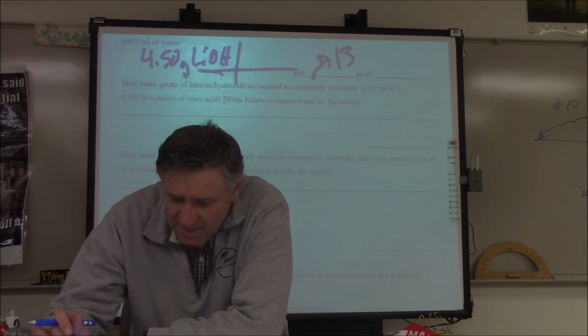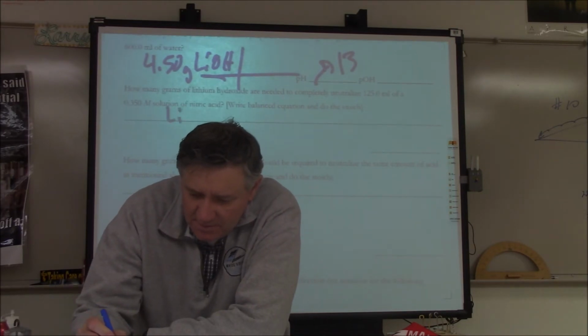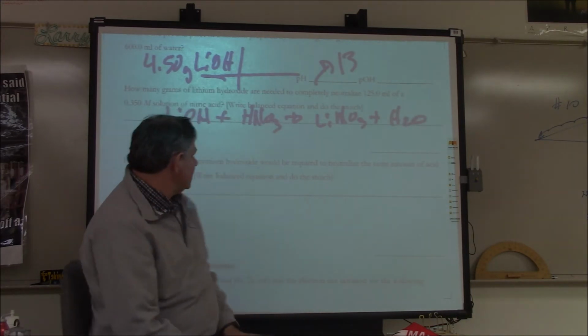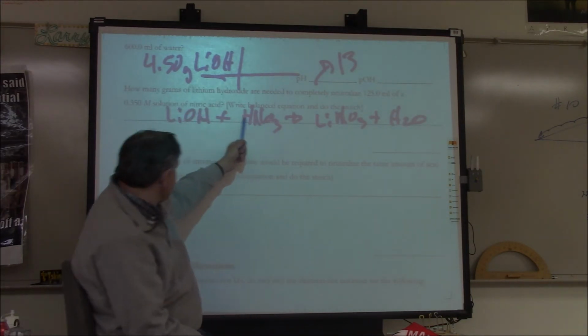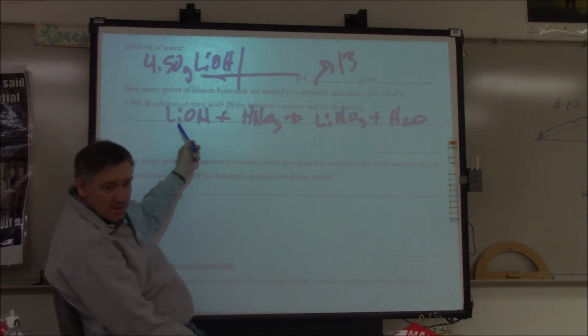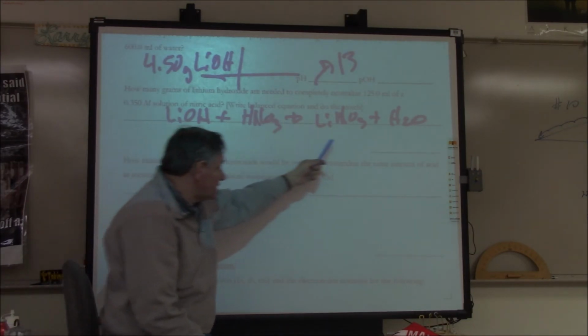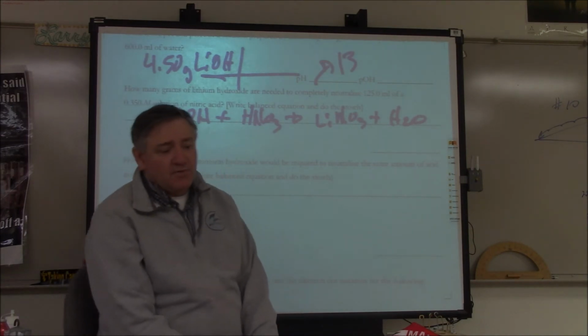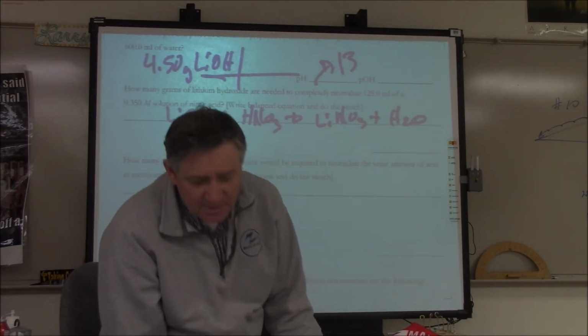On the neutralization, you got lithium hydroxide and nitric acid. And you're going to get lithium nitrate and water. Okay? So anytime you neutralize a strong acid with a hydroxide base, you're always going to get water, and that's solid. So with this one, it's just stoich.